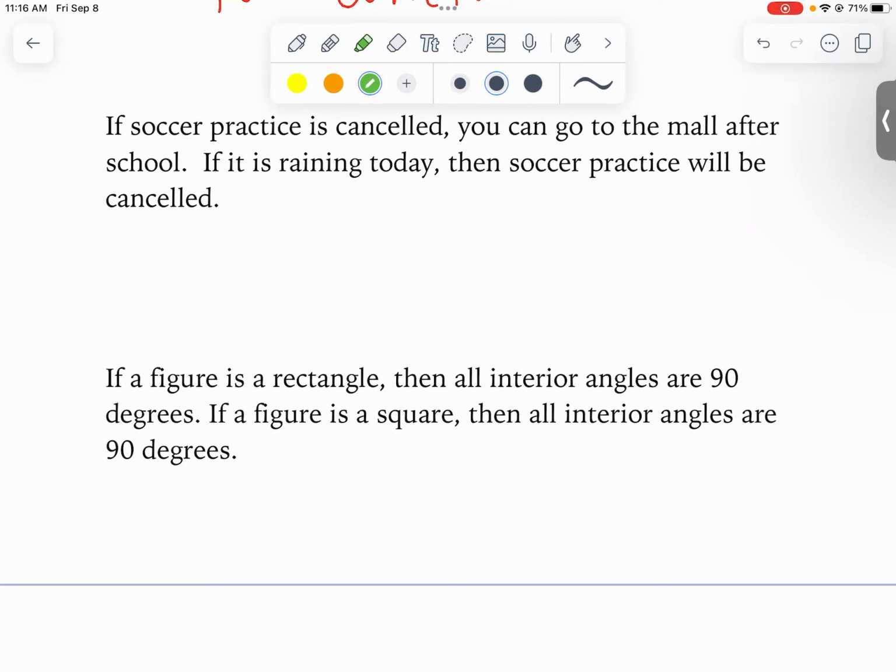Yes, and your conclusion is going to look like a conditional statement when you're using the law of syllogism. You can talk to each other about it. Yep, we're gonna go over both of them.